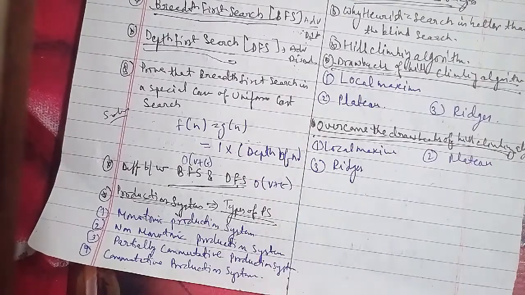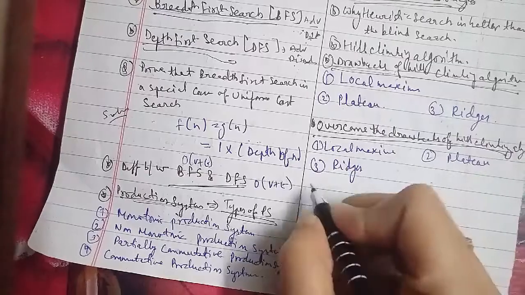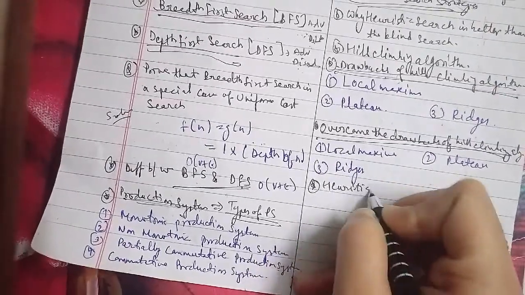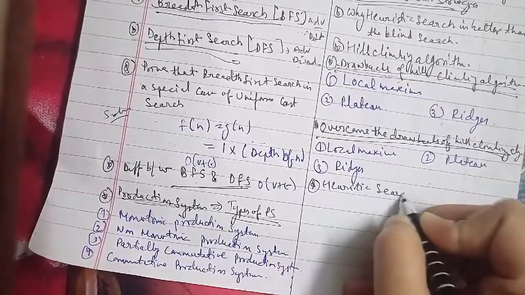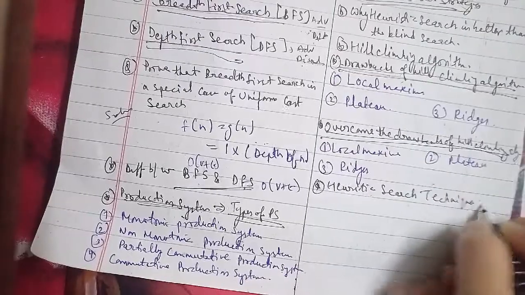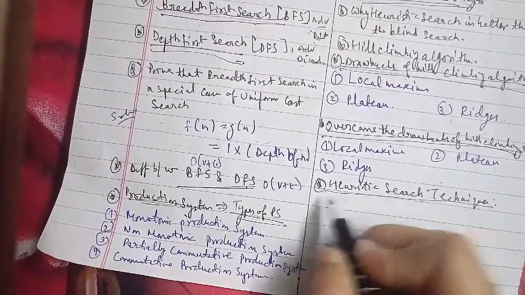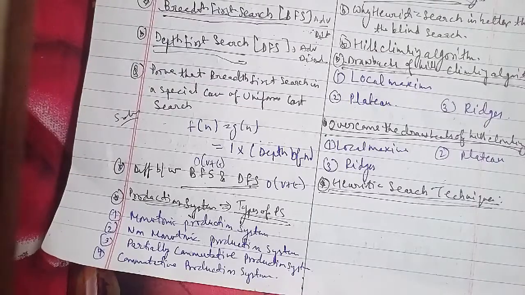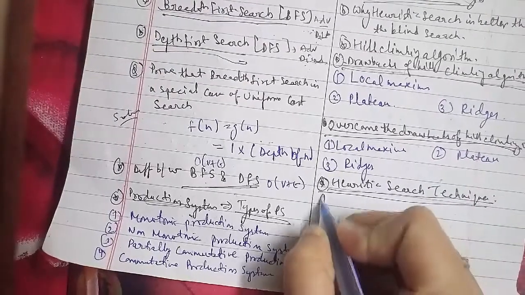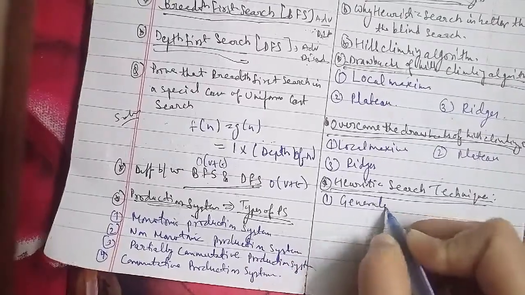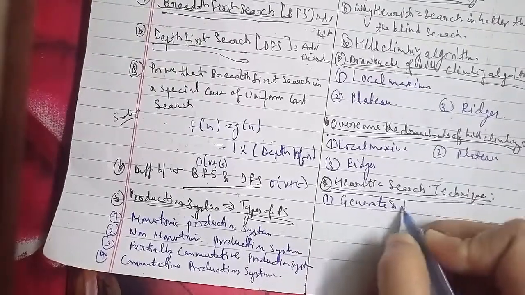In the heuristic search technique, there are 7 search techniques here. The first we have is generate and test. The second we have the hill climbing algorithm. The third we have is best first search.